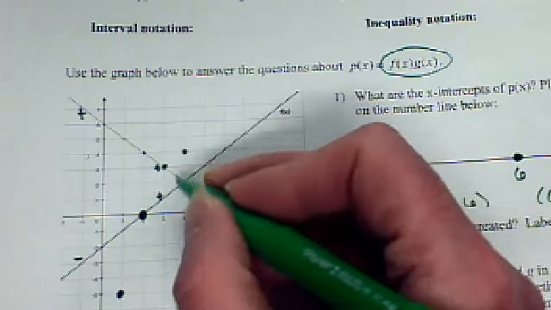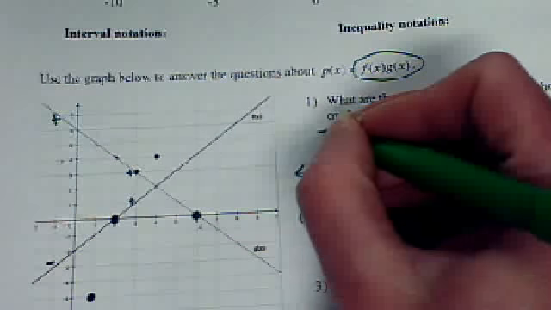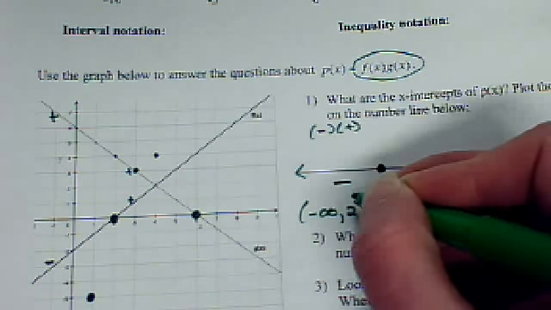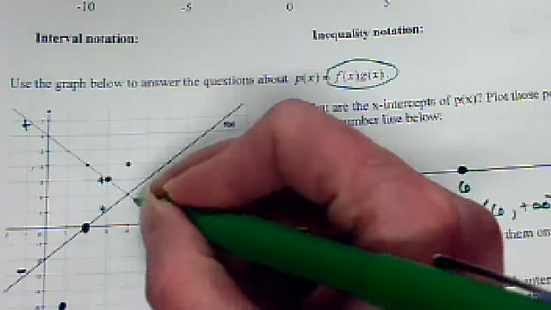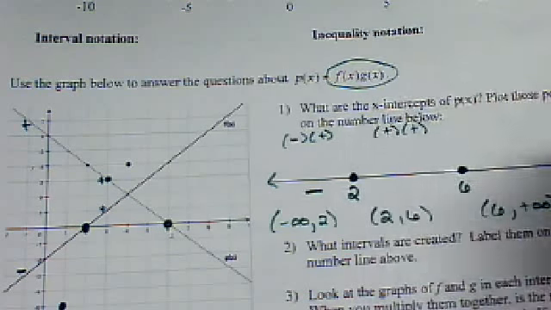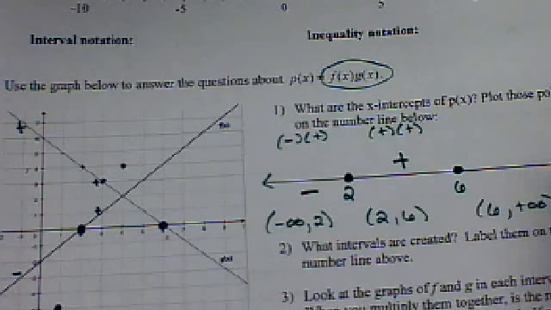Positive and a positive. Both of the y values are positive. And in the first section, one of them was negative and one of them was positive, so negative times a positive gave me a negative. Between 2 and 6, no matter which x value I pick, the y values are going to be positive and positive. A positive times a positive gives me a positive.